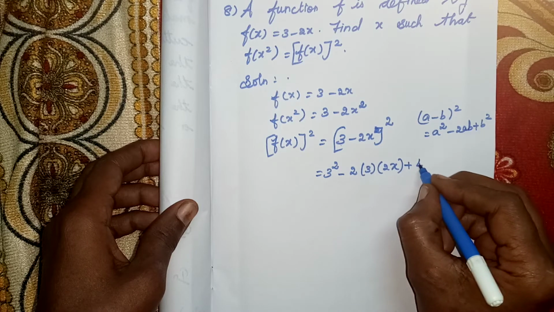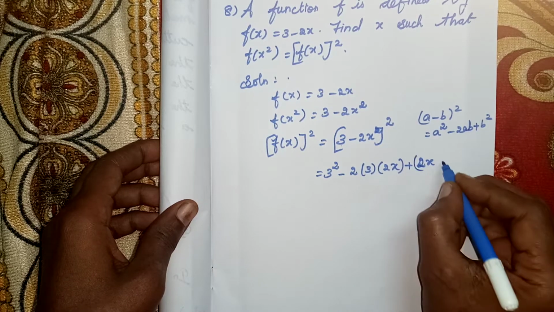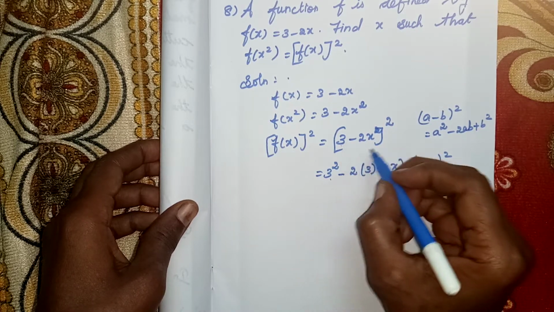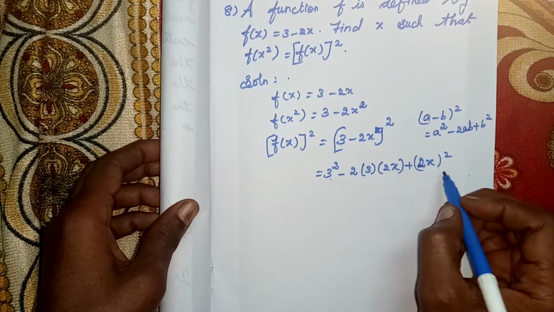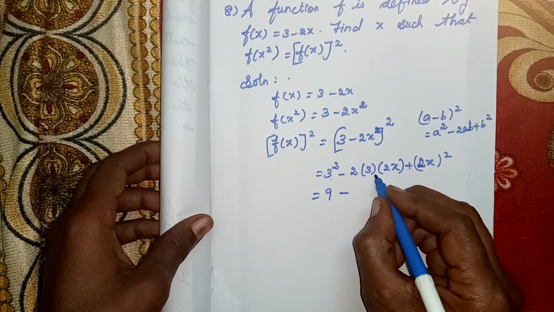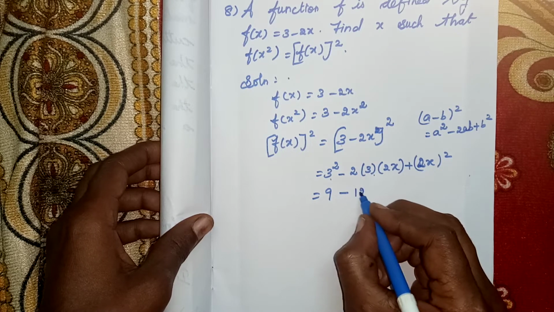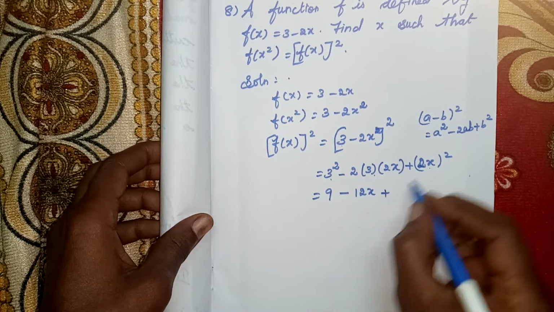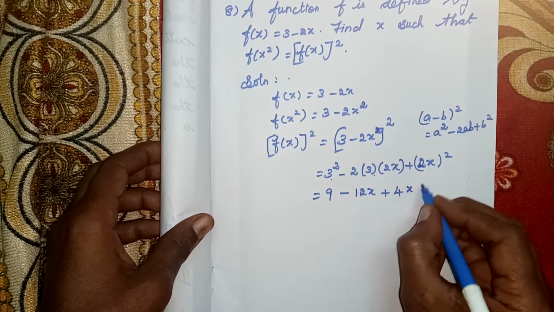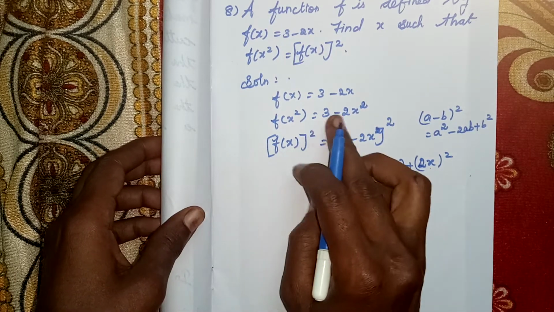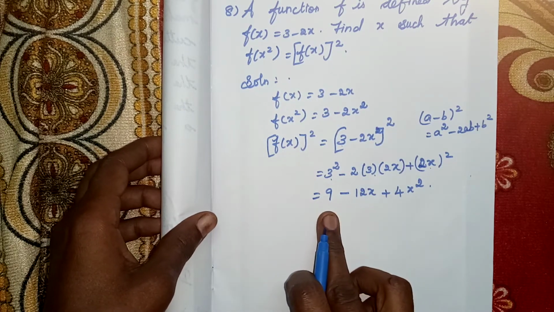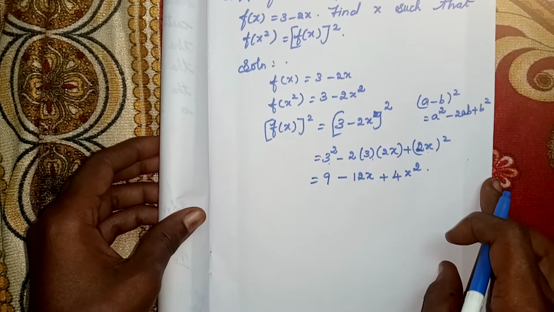So it is 9 minus 12x plus 4x square. Okay, f of x square is 3 minus 2x square. f of x the whole square means 9 minus 12x plus 4x square.